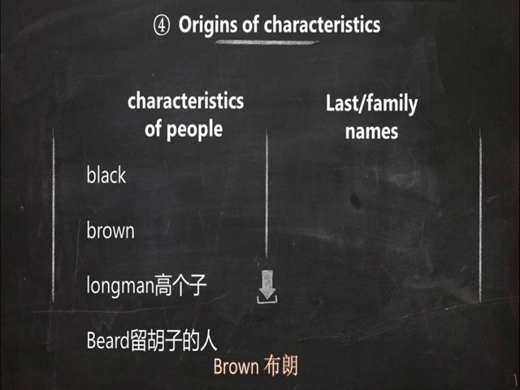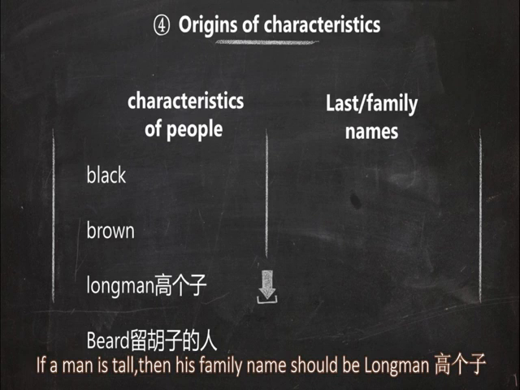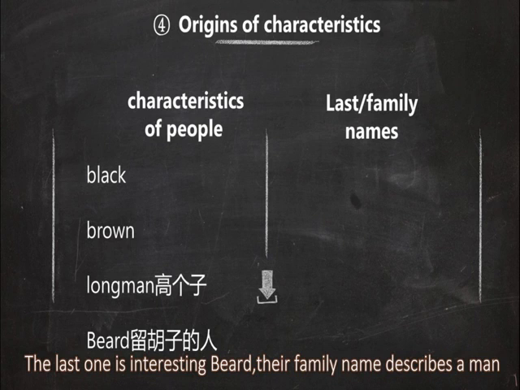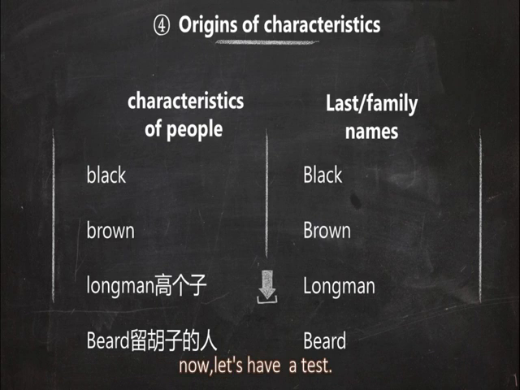Brown, 布朗, also refers to a man with brown eyes or hair. If the man is tall, then his family name should be Longman, 高个子. The last one is very interesting, Beard. This family name describes a man with a beard, 留胡子的人.